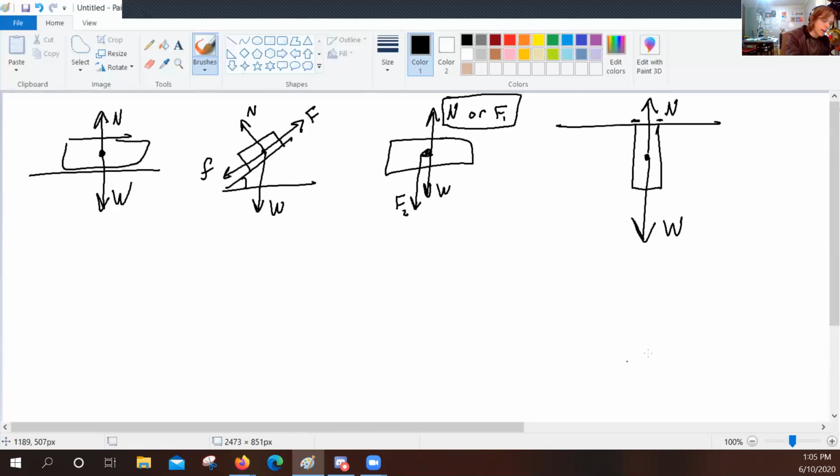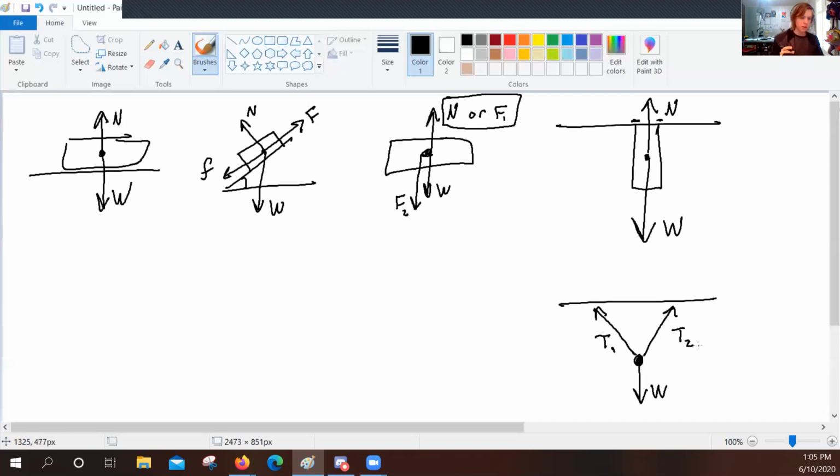Another way you could have drawn that is you could say, here's the pole, and here's the acrobat. And I didn't really expect anyone to get this because I don't think you guys really know it yet, but he would have his weight force going down, and then he would actually have 2 tension forces holding him up, and those are technically his arms.